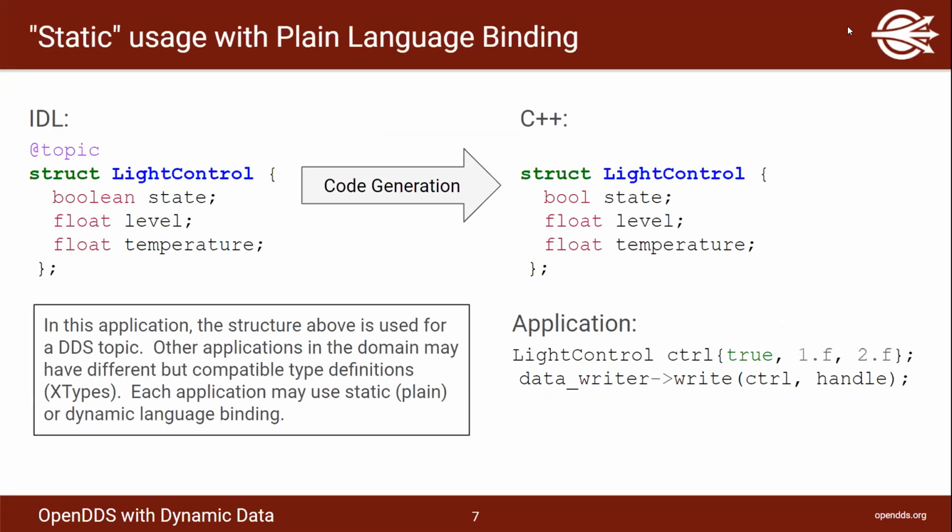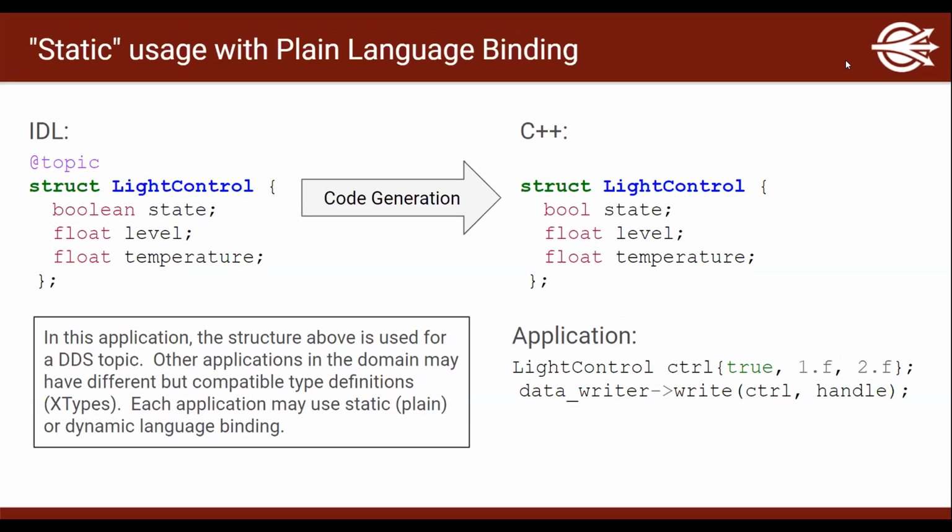So this gives you an example of how this works with the plain language binding. On the left, where it says IDL, we have a struct that's annotated with a topic, meaning it's a topic type. And this has three members: a state, a level, a temperature. So imagine this is like a light control that you can turn on or off.